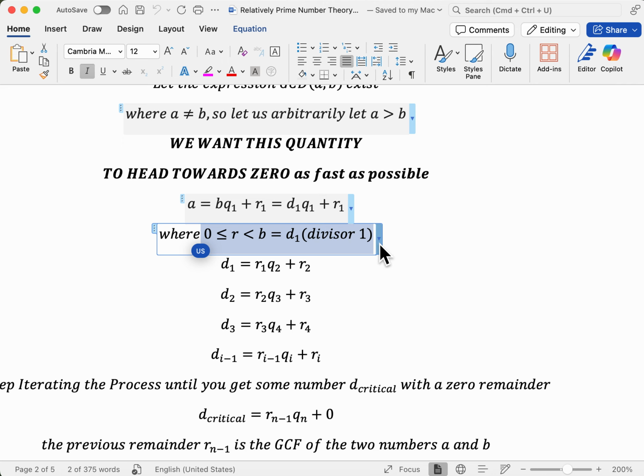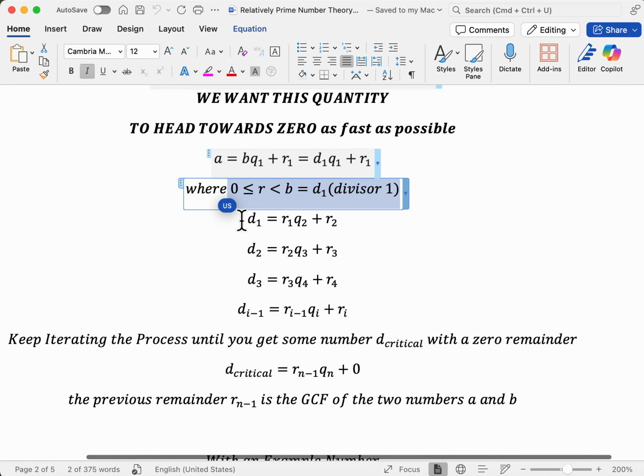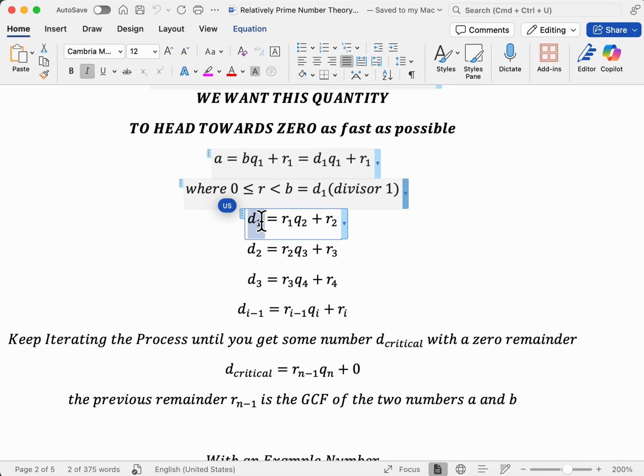It's hard, but you'll basically get that dividends are your new divisors, and your new divisors are the previous remainders. And it's good practice to write them down line by line. You eventually derive this more general expression here.